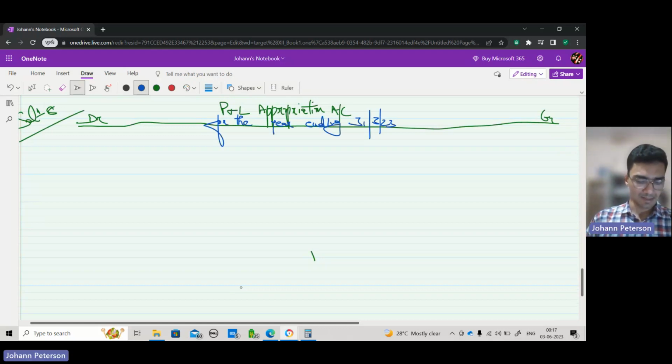Profit, the last line says, prior to calculation of interest on capital was 6 lakh.